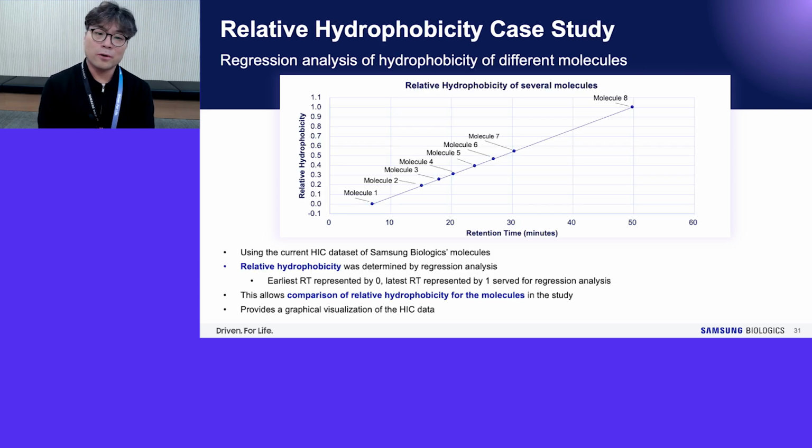We also perform hydrophobicity testing. Hydrophobicity characteristics are directly linked to the solubility and molecular stability, especially aggregation formation. So knowing the hydrophobic characteristics is very important to predict the feasibility of process development.